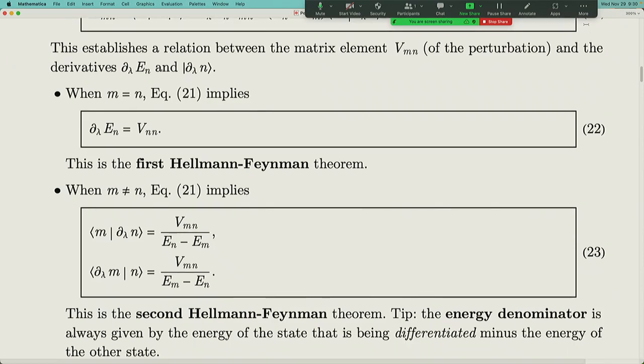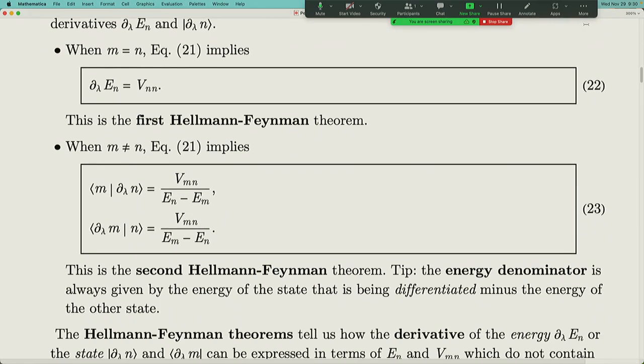So these are very important formulas that allow us to evaluate, for example, the energy derivative and the state derivative in terms of something that does not depend on the lambda derivative, that only depends on information we can acquire at lambda equals 0.